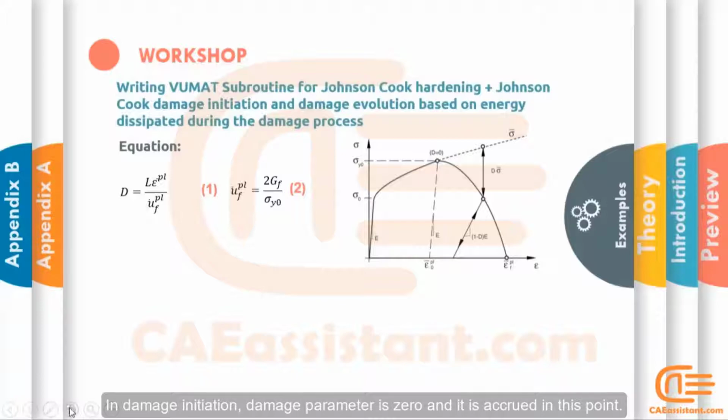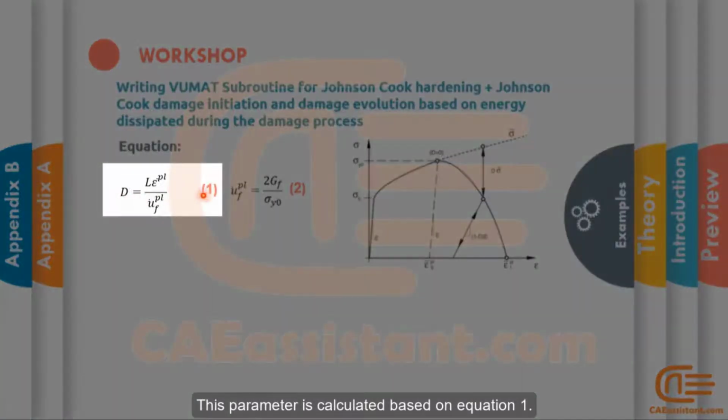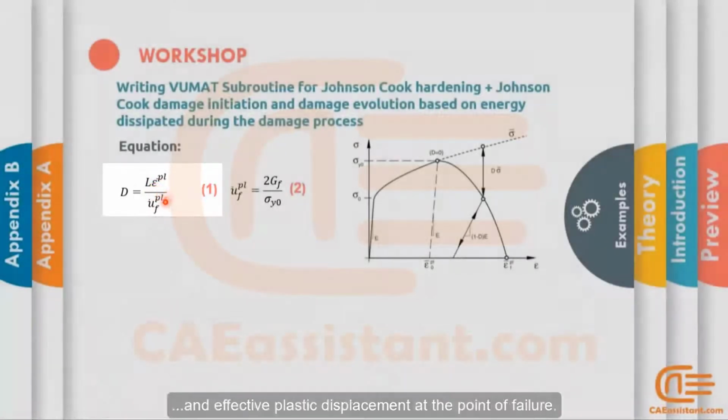In damage initiation, damage parameter is 0 and it is accrued in this point. This parameter is calculated based on equation 1. This parameter is a function of characteristic element length, effective plastic strain, and effective plastic displacement at the point of failure.